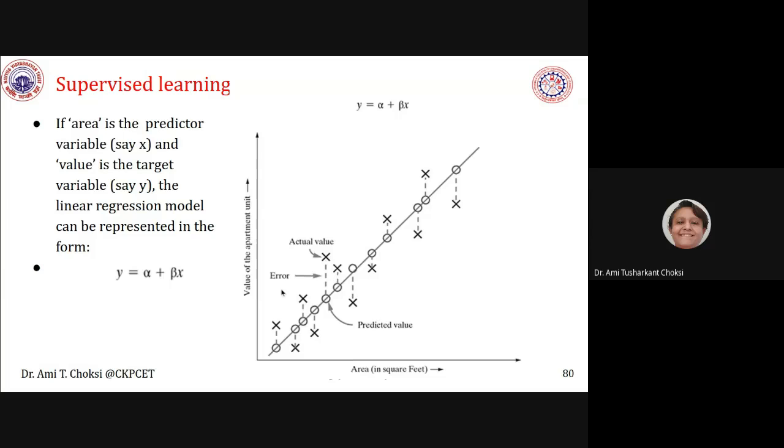Now we want to find the difference between the predicted value and the actual value. The predicted value is the prediction by our model, that is the linear regression model, and we should find the difference from the actual value, isn't it? The area is the predictor variable, say x, and the target variable, what we are going to predict, is the value of the apartment unit, right?